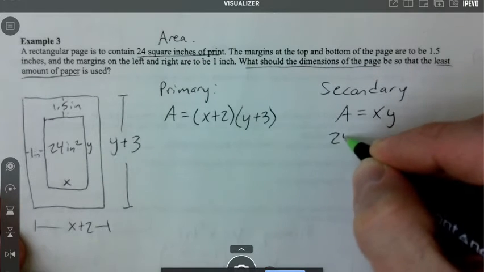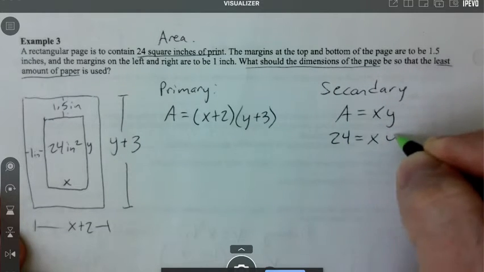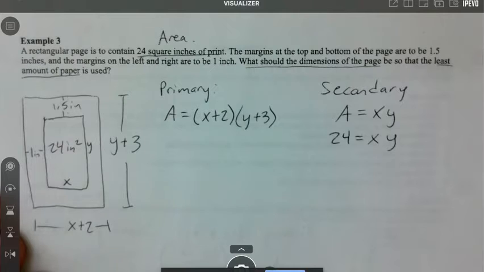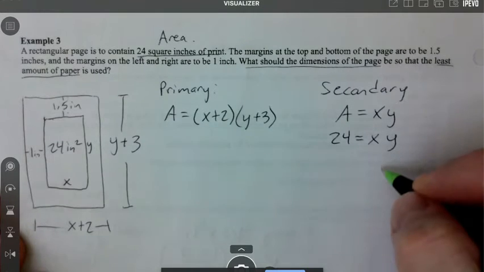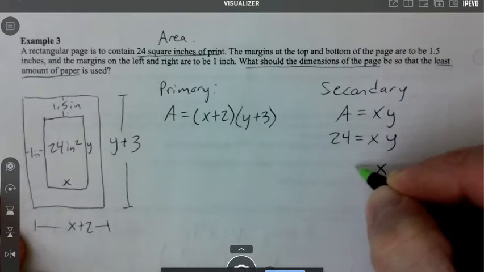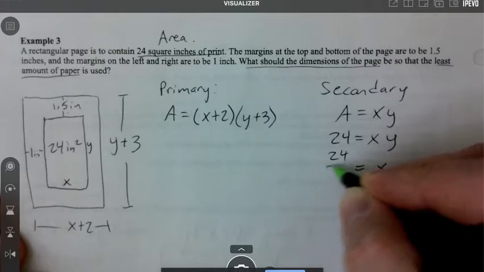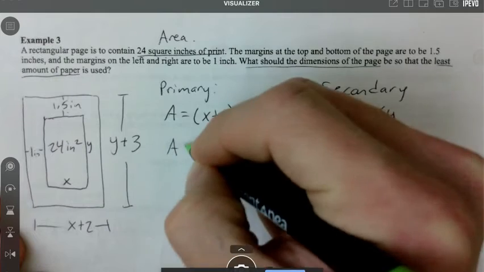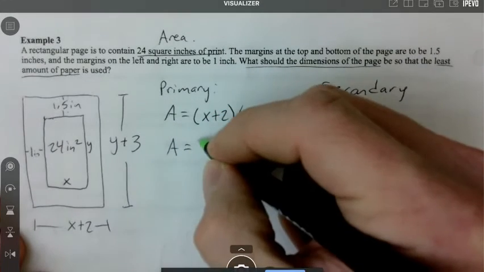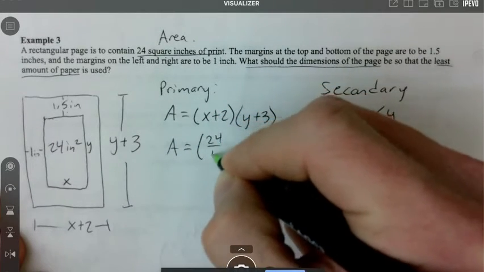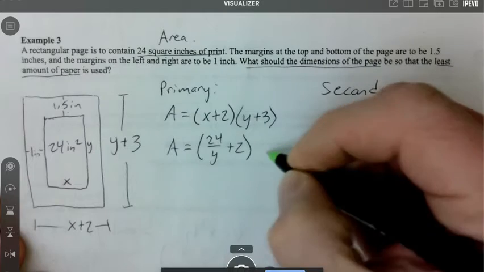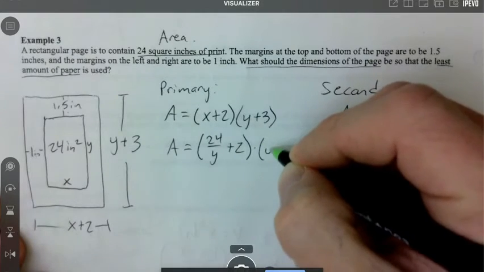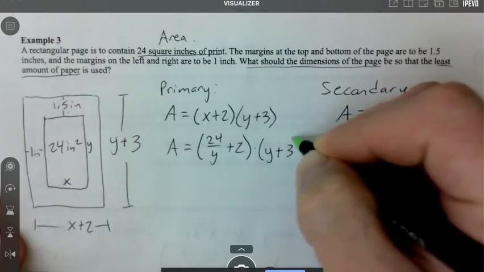Since they're telling me the area of print is 24 square inches, and it doesn't really matter which variable you solve for, I'll say X is equal to 24 over Y. If all that's true, then I go back to this equation, and it's 24 over Y plus 2 times Y plus 3.